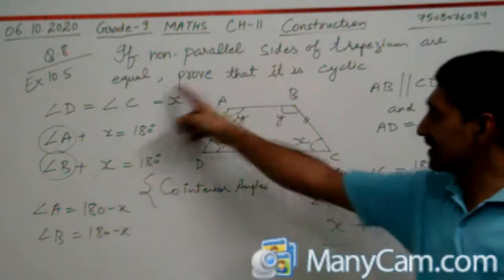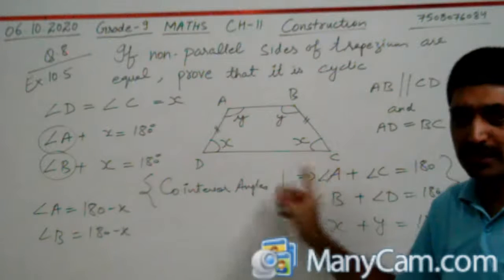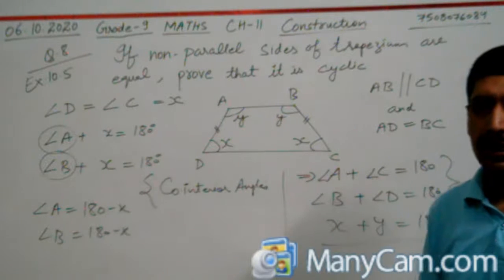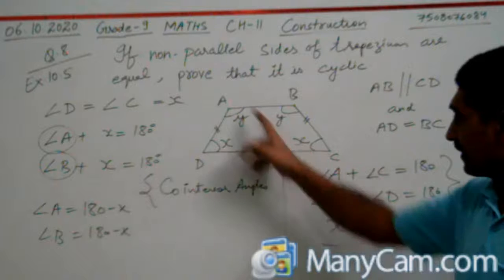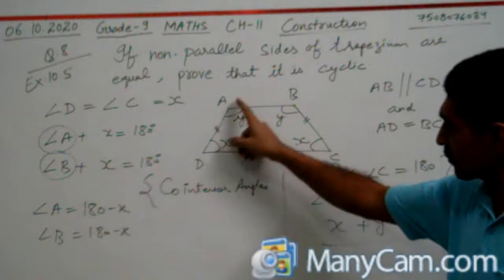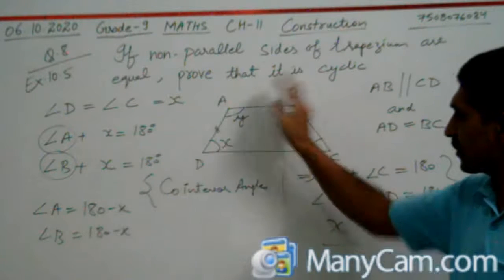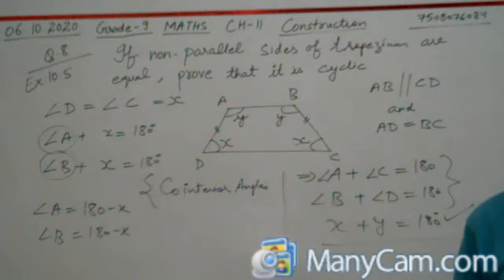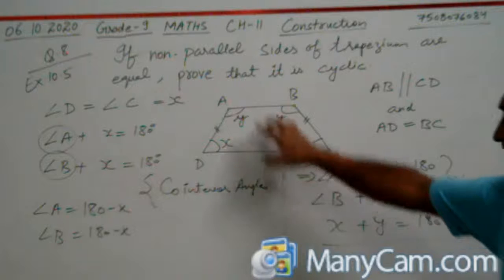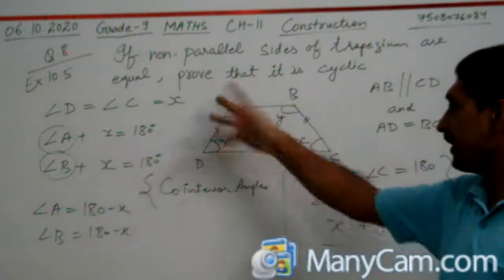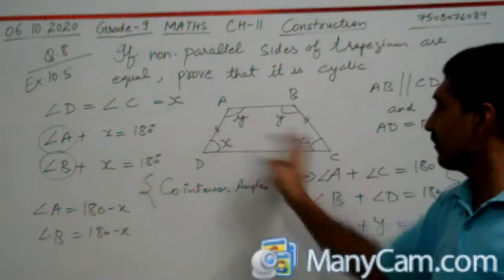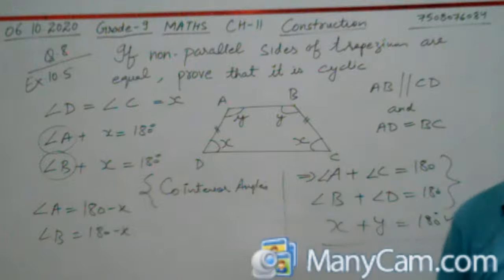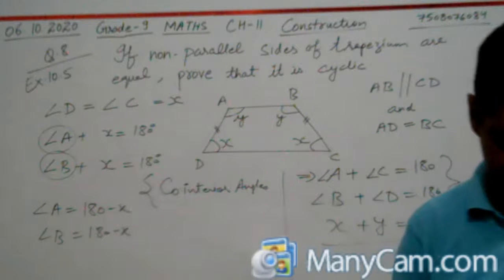If non-parallel sides are equal, then these base angles must be equal. And if these base angles are equal, then because x plus y is 180, here also this angle should be equal, A and B. Now if these two angles are x and this one is y, then x plus y, like co-interior angles, we can go for that, x plus y is 180.